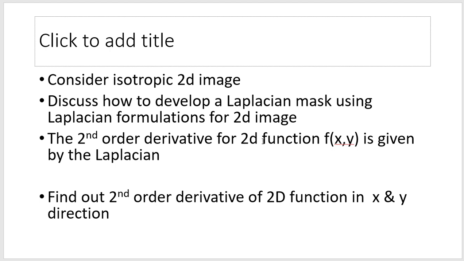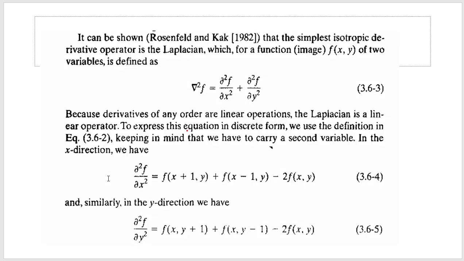So the second order derivative for 2D function f(x,y) is given by the Laplacian mask function. So this is the Laplacian function, that is ∇²f is equal to ∂²f/∂x² plus ∂²f/∂y². So this is one equation.